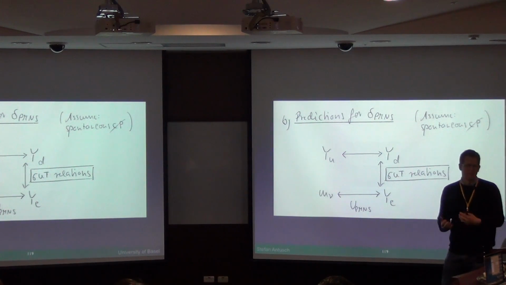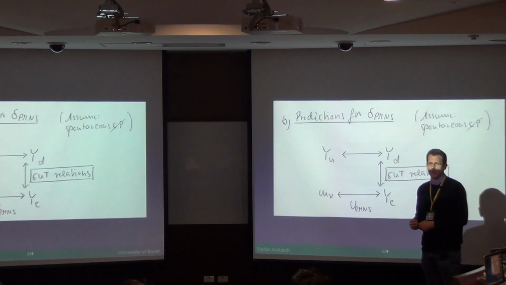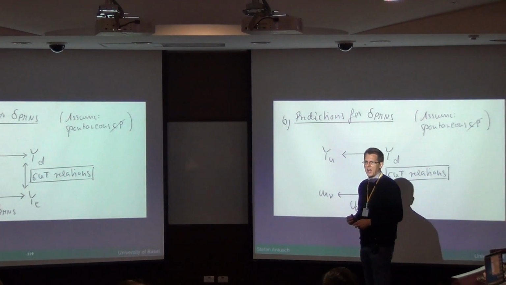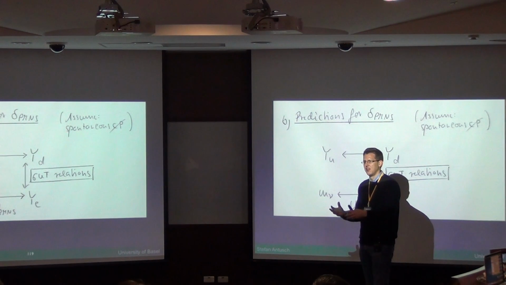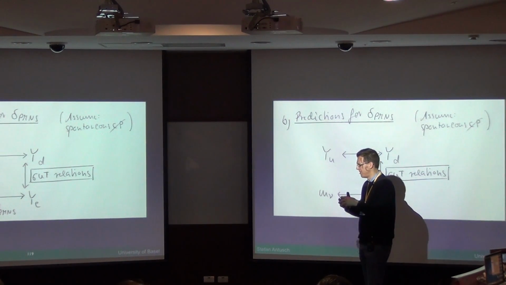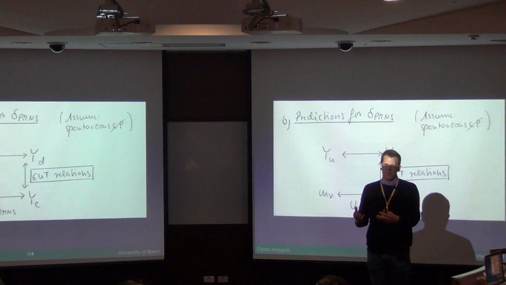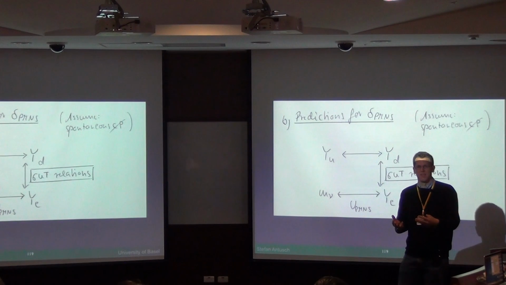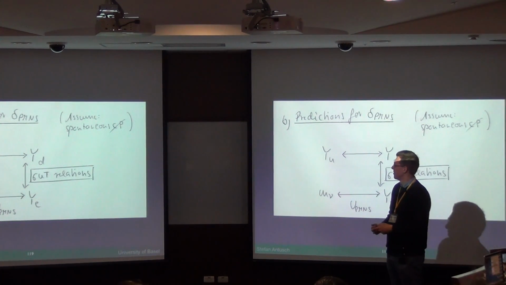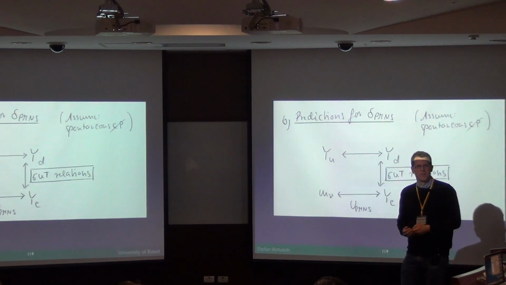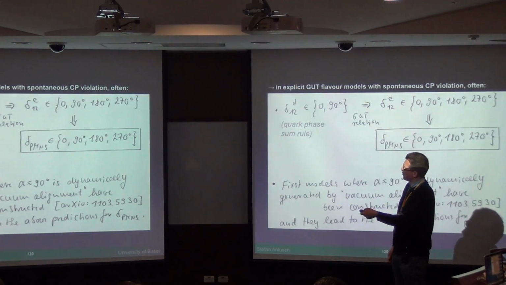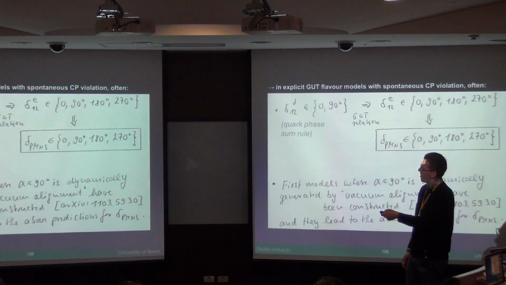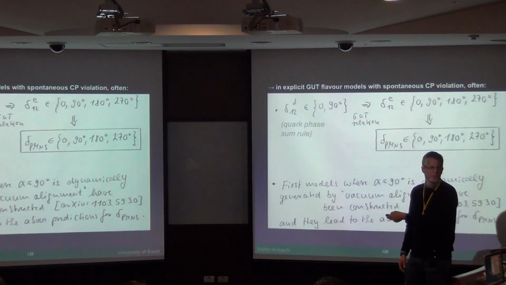When you assume that you have spontaneous CP violation, this means that the original symmetry, before you do this kind of vacuum alignment of the flavon vectors, is completely CP symmetric. And just by these vacuum expectation values, which, because we have complex scalar fields, can be complex, you can introduce CP phases. And there are also nice mechanisms which can, for instance, explain why the CP phases can be kind of 0 or 90 degrees, like we did in the quark section to explain this quark phase, and like I was discussing just at the beginning.